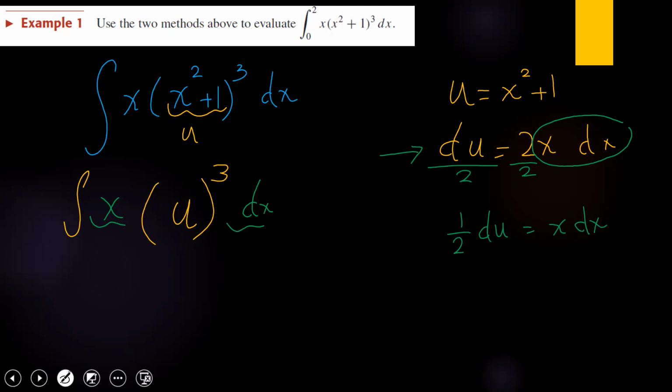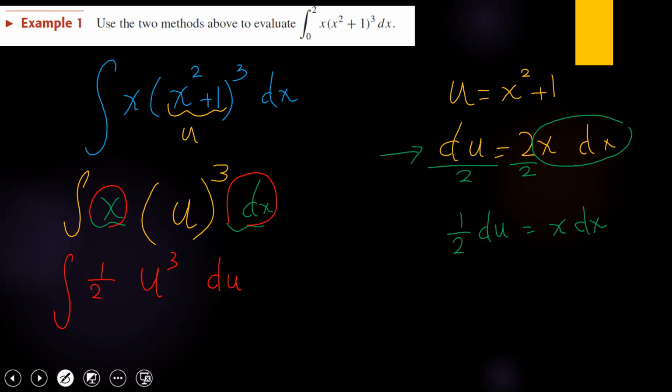Instead of writing x dx, I will write half du. Then I have half u cubed du.